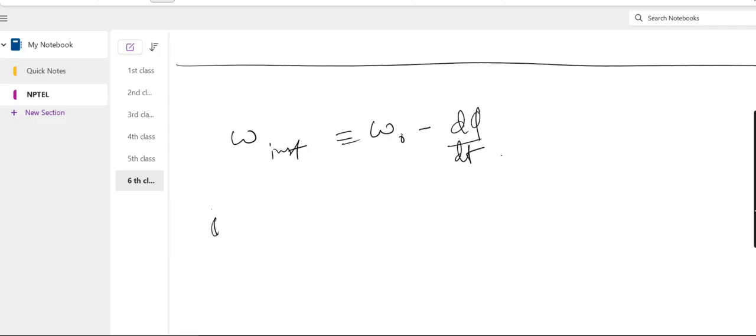This is the instantaneous angular frequency.